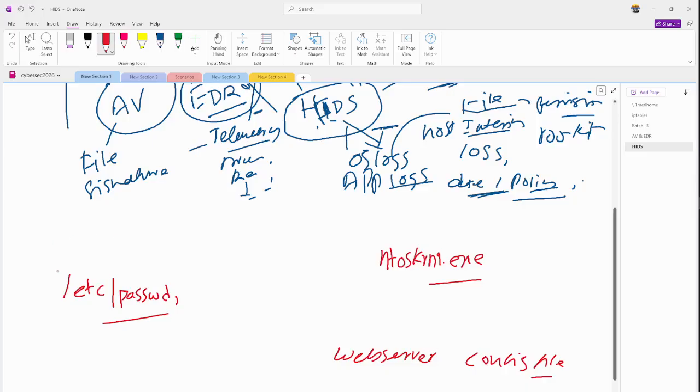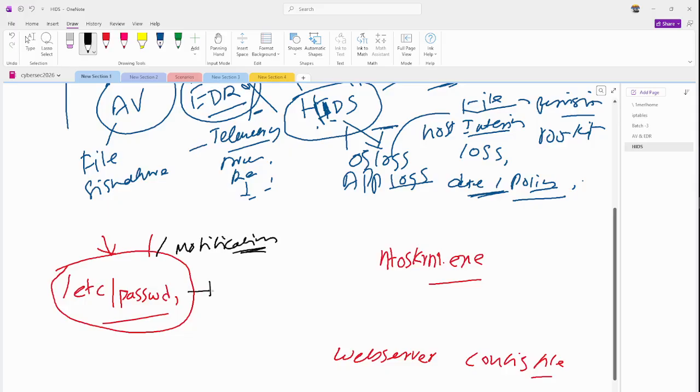So if this is modified, will antivirus detect this file modification? Someone edited this file. What will antivirus check? Will it alert? Yes or no?